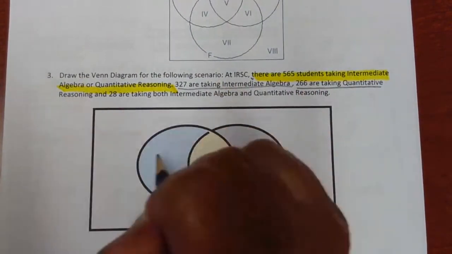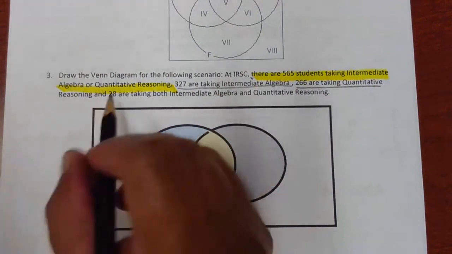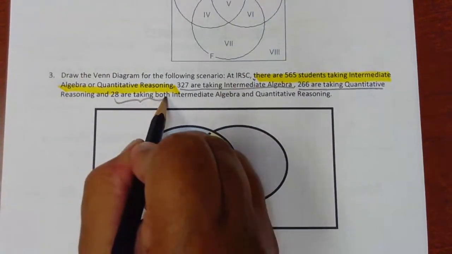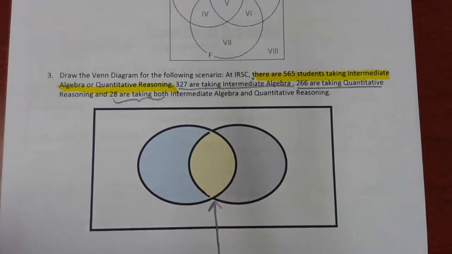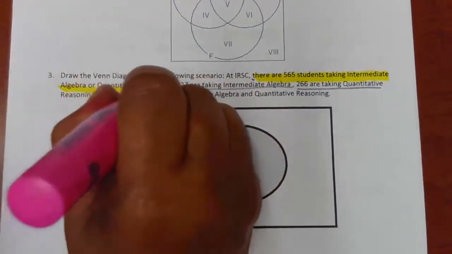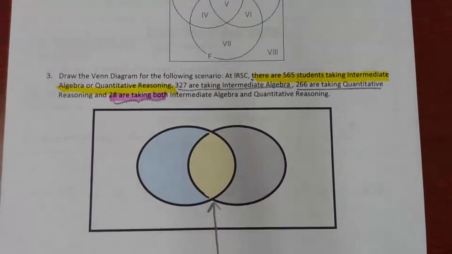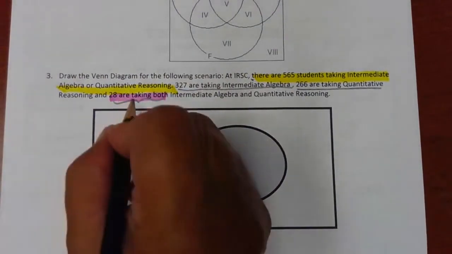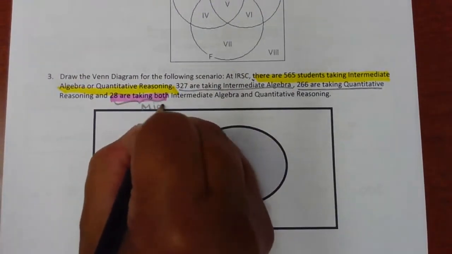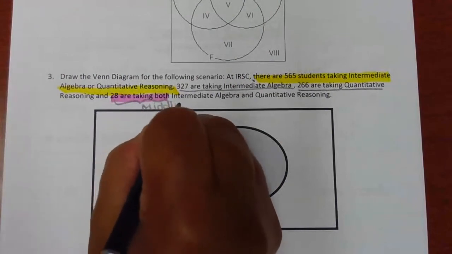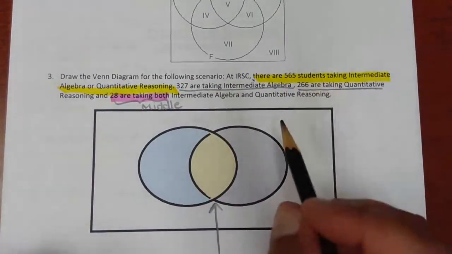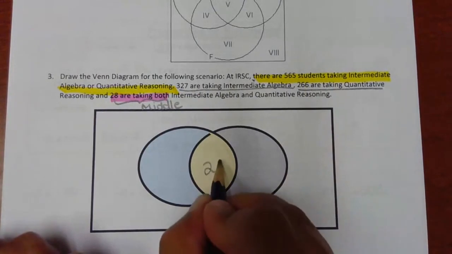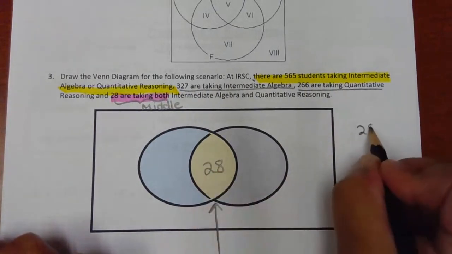And 28, always look for where it says both. So that is what you're going to put in the middle region first. Okay, that goes in the middle, and then it will affect how we report the 327 and the 266. So you're going to put 28 in there first.